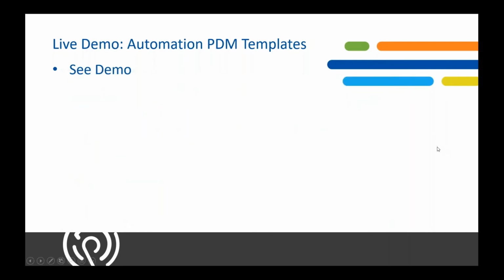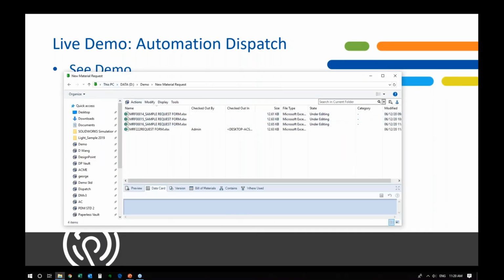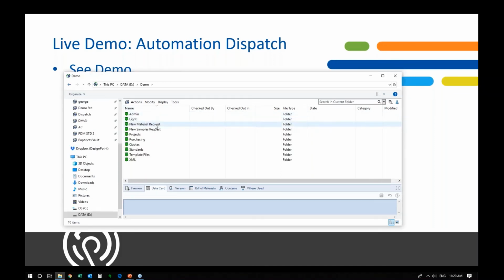Next up, we're going to take a look at a demo of how we can use dispatch to automate this process. So pretty similar to PDM templates, you can have PDM using dispatch to automatically pull and copy the file over.